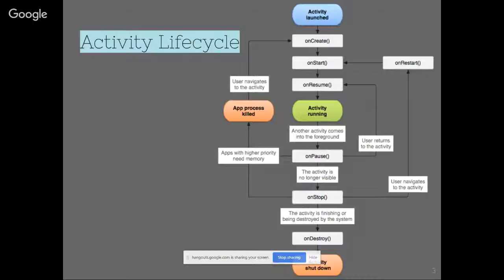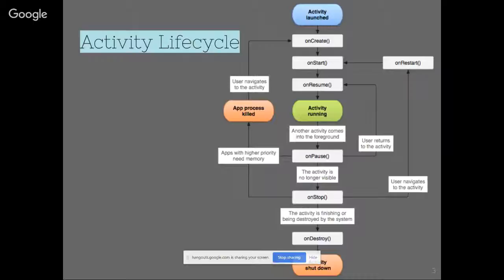That means another activity comes into the foreground, or the user has paused the activity. And after onPause, comes onStop. This method is called when the app is no longer visible for the user.